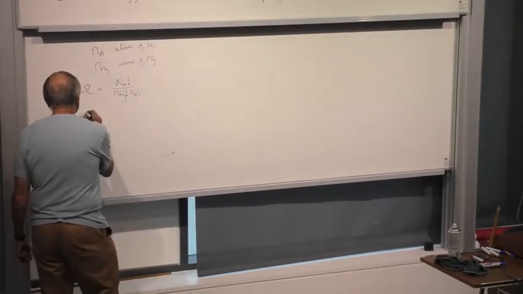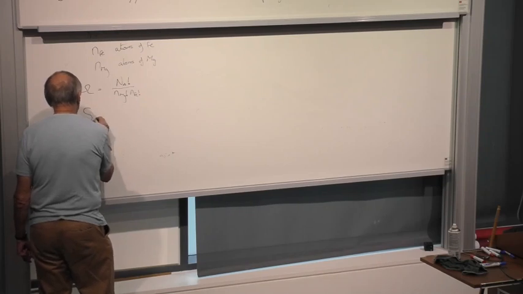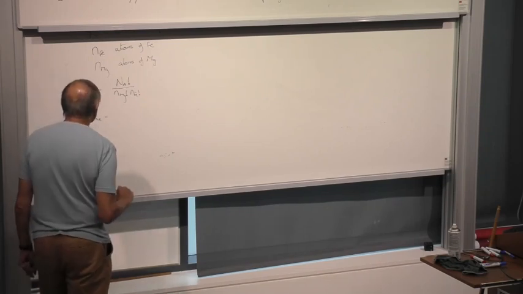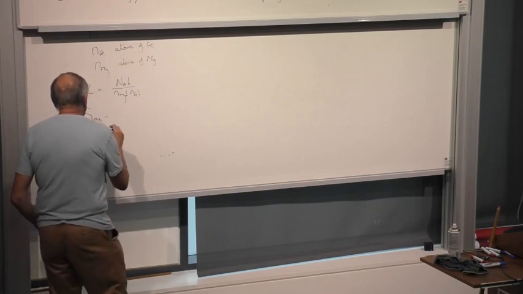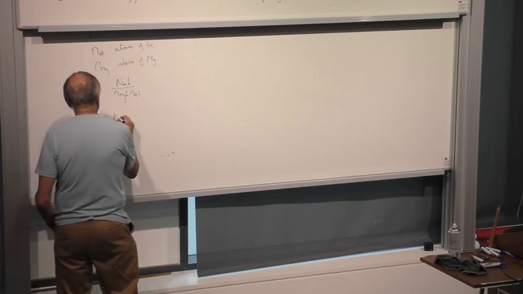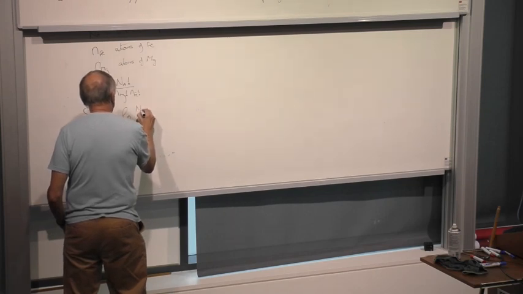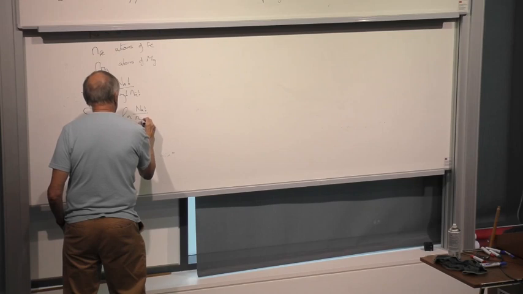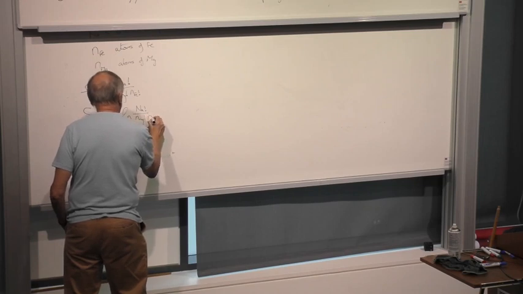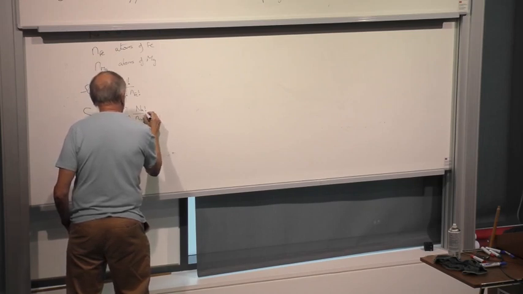And the entropy of mixing per mole will be Boltzmann's constant times ln of N_A factorial over N_Mg factorial and N_Fe factorial.